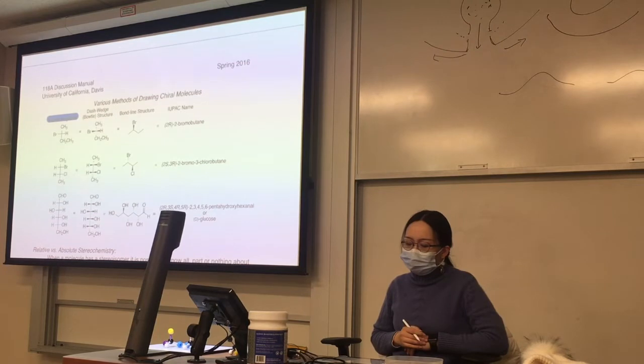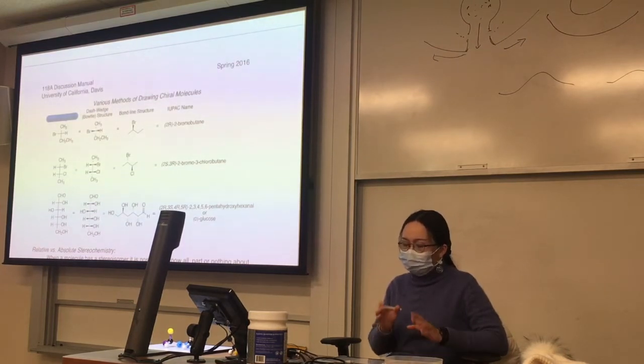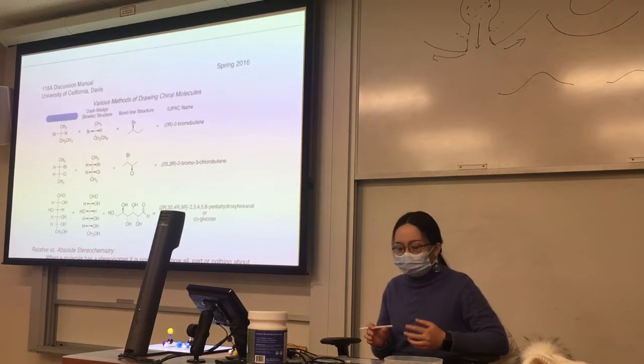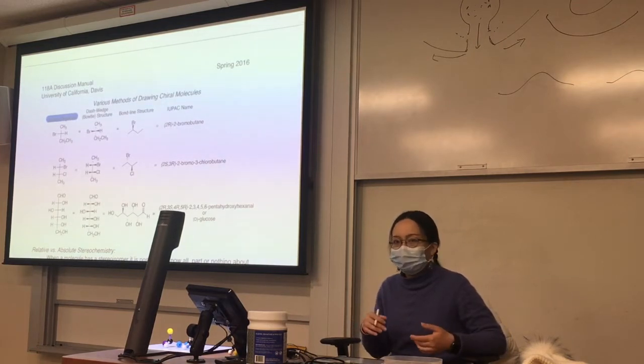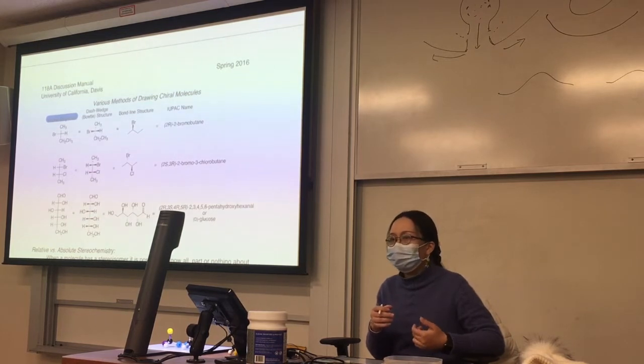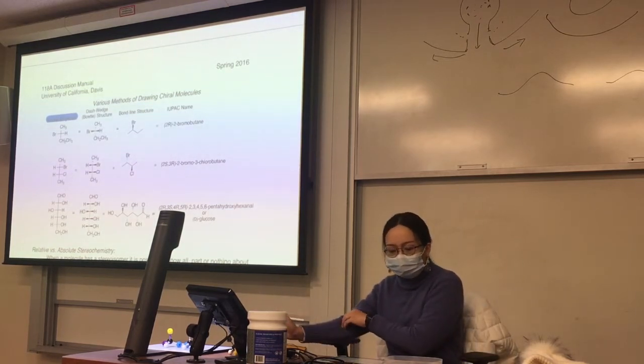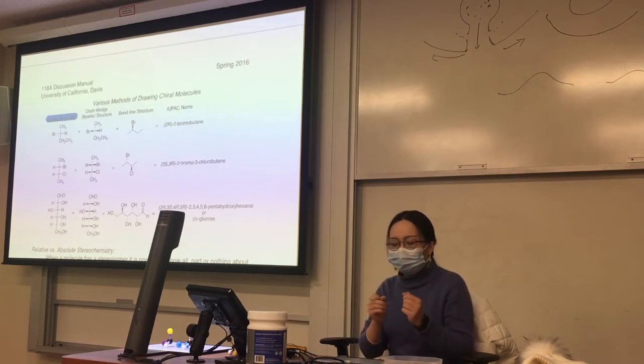Theoretically, as long as we have taught you about stereoisomers, you should be able to do this. But it actually takes many 118 students a long time to master these skills. So it's fine if you cannot do it today. Just exercise on that. We might not put a Fischer projection question in the quiz or exam soon, because we know it's harder, and it is just for you to know this skill. We'll give you time to improve your skills on transferring.